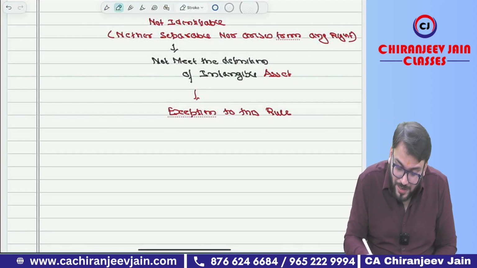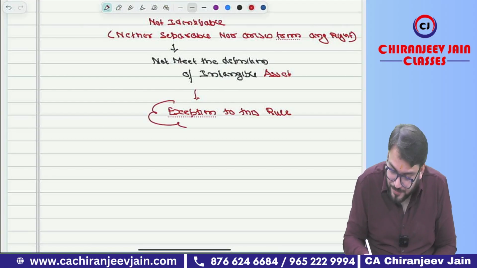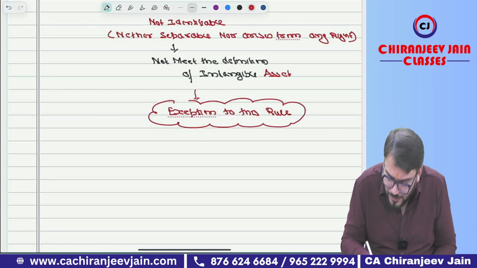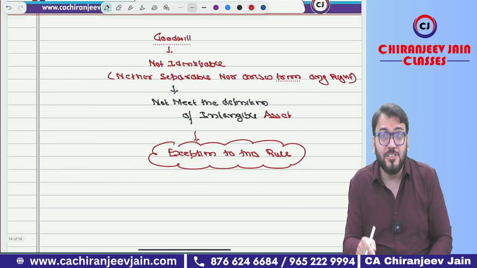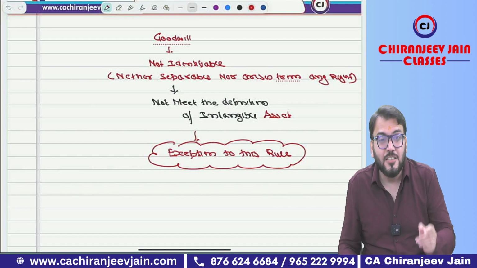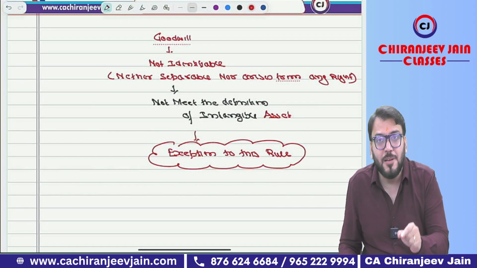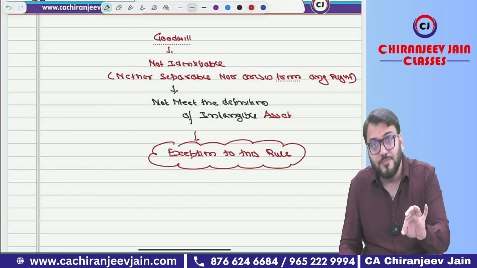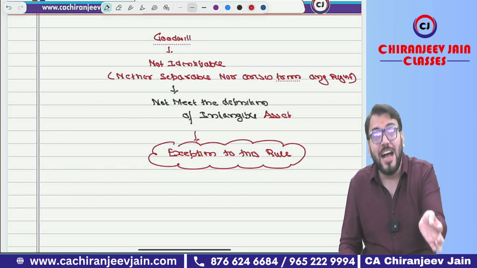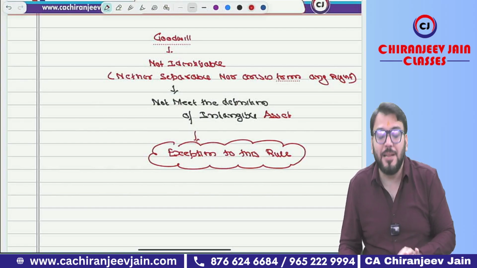Correct? I am just giving you this at a very early stage, because if I do not explain right now, you will say, sir, goodwill is not an identifiable asset, then why is it an intangible asset? So I am saying it will not meet the definition of intangible asset. Now why is it shown in the balance sheet under intangible asset? For that we have an exception.